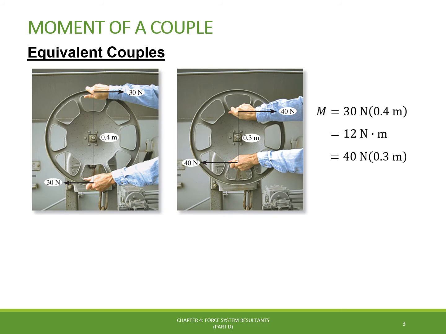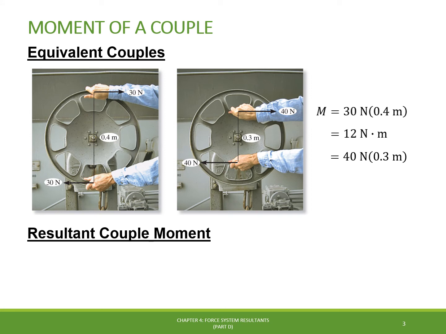Those two moments are equivalent and directed into the plane of the page according to the right-hand rule. You can notice that a larger force is required in the second case to create the same turning effect because of the fact that both hands were placed close together.